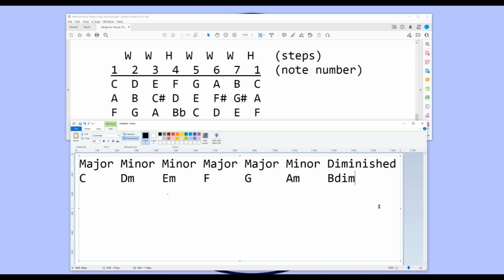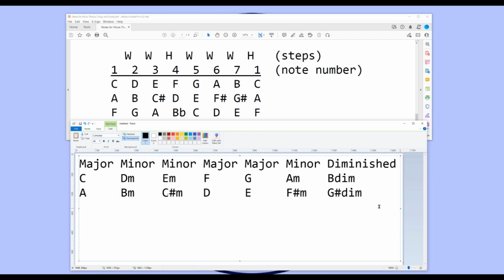So you can probably figure out it's a set pattern, so it works for A also. So for the key of A, you got A, B minor, C sharp minor, D, E major, F sharp minor, and G sharp diminished.